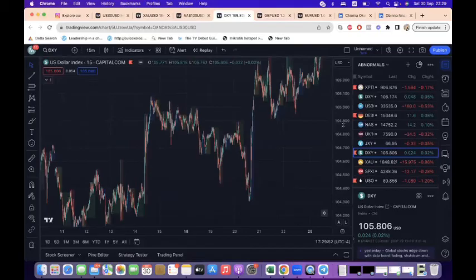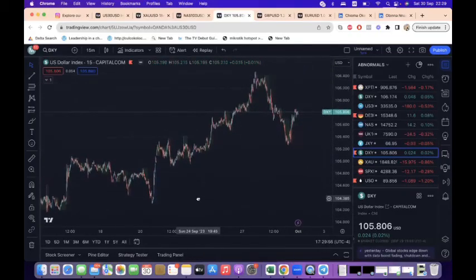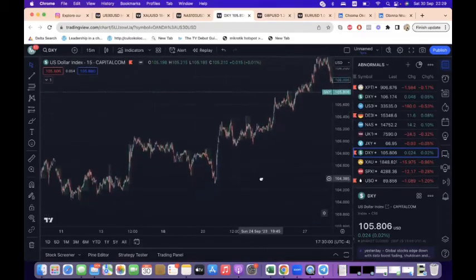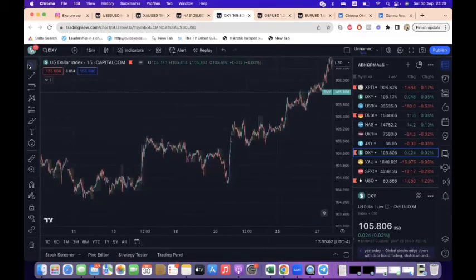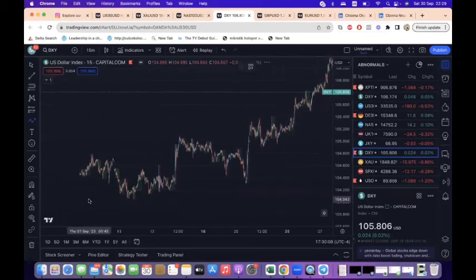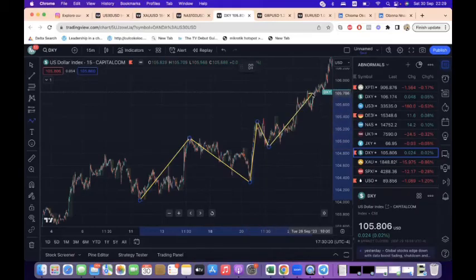Now you need to know your legs. This is your bullish trend. This is your leg. This is how it moved. All right, this is your leg. You can clearly see that.